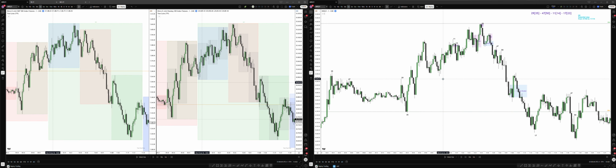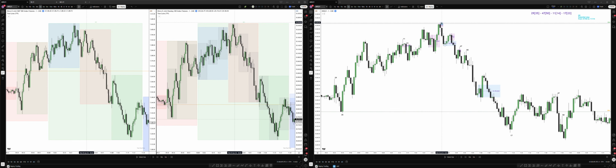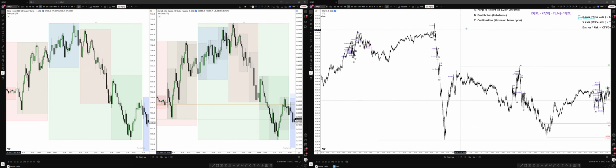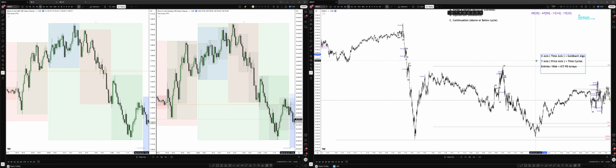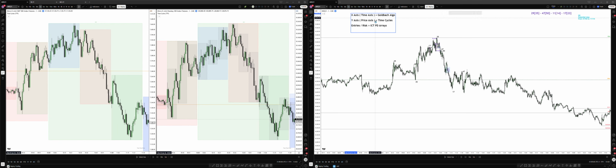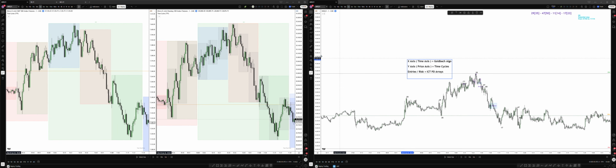So the most high probability trade will be using the gold block time. So A would be have your gold block time. So I'm trying to get that in the picture so we can use it as a guide.